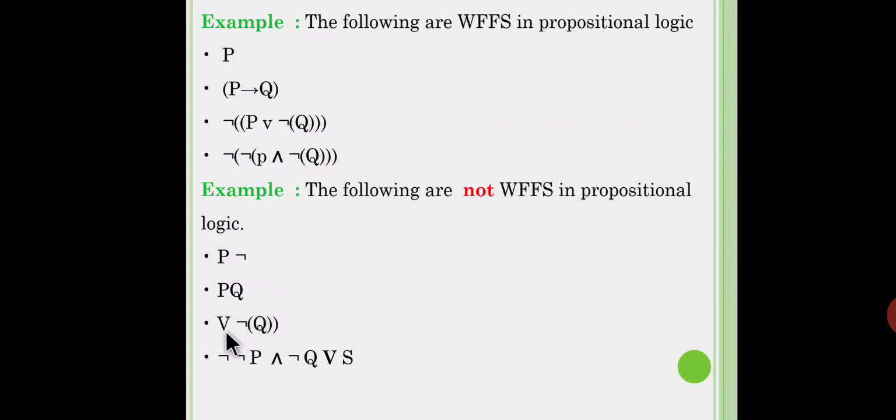And here also R negation of Q is not a well-formed formula. Negation P, if closed in parentheses, then it becomes a well-formed formula. Okay, so these are examples of not well-formed formulas.